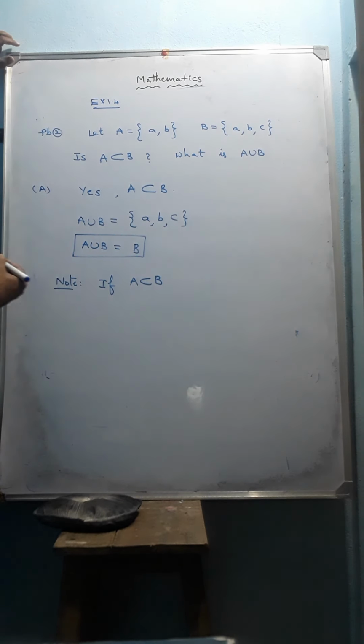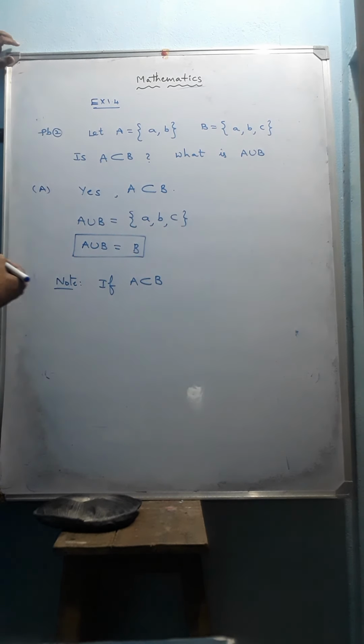Next, problem number 3. If A and B are two sets such that A is a subset of B, then what is A union B?